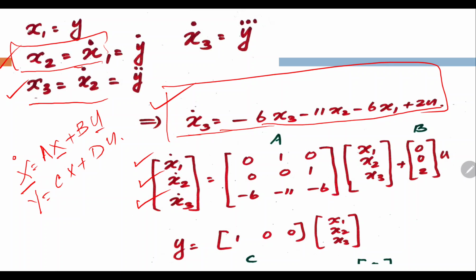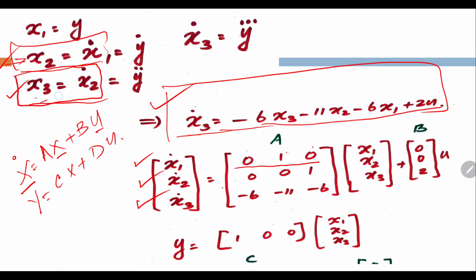So I am just taking the first equation. The first equation is x1 dot. In this equation we have only x2, the remaining x1 and x3 are 0. So I am forming the first row as x1 is 0, x2 is 1, x3 is 0. So this is the first row of the A matrix. And the second equation is x2 dot.